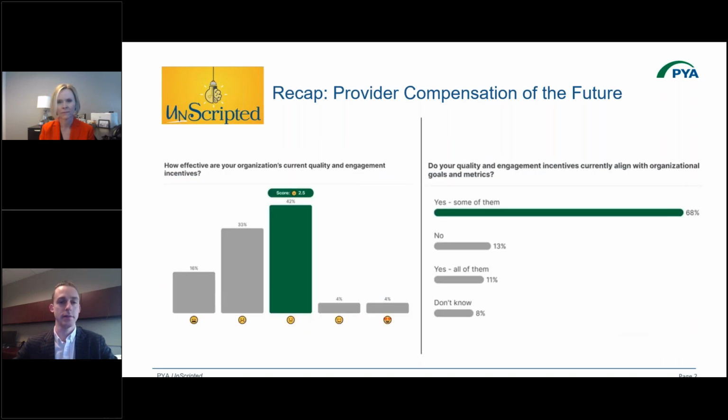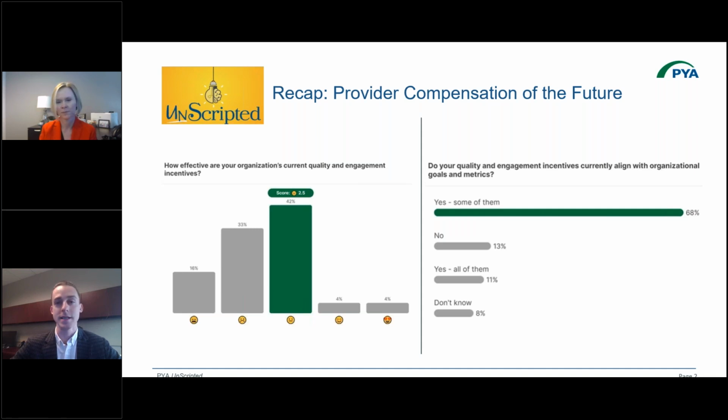The next questions that we asked about, on this left side, and these are my favorite ones with the emojis, I always like to see these, were whether your organization's current quality and engagement incentives are effective. Most of the people fall in the middle there, kind of meh is how I would describe that. But surprising is to the right, we've got about 8% that are happy or overly pleased with their incentives currently.